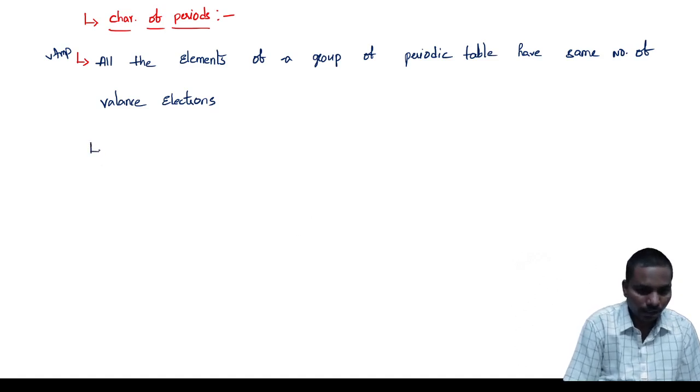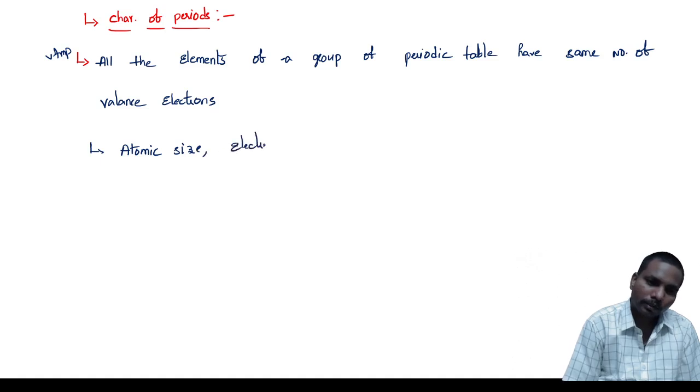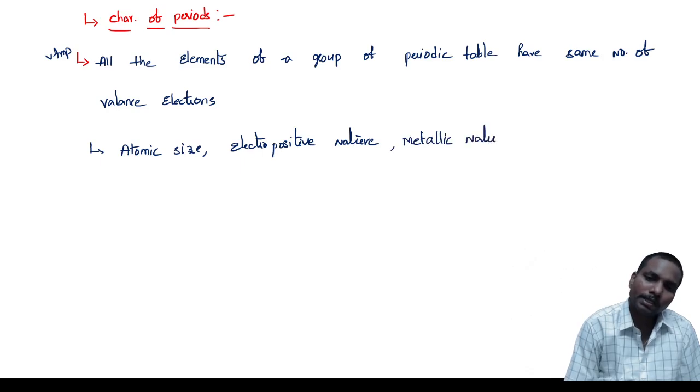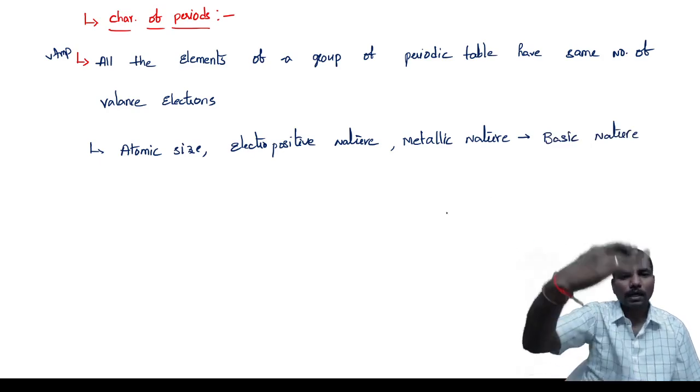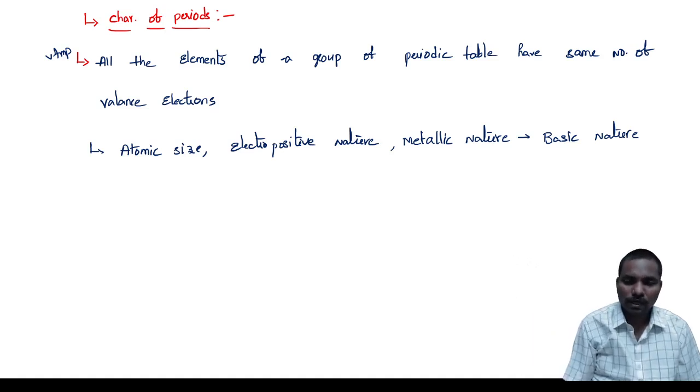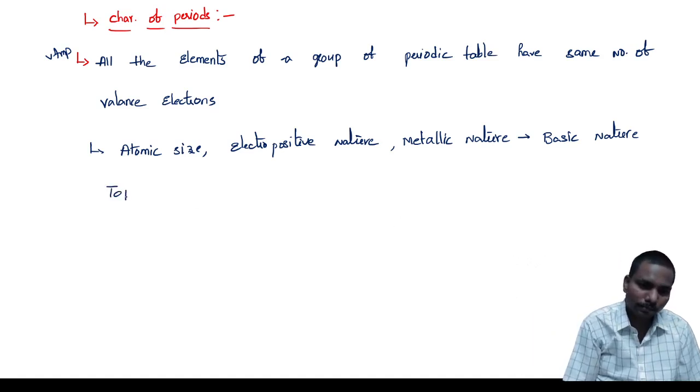Coming to atomic size, electropositive nature, same as previous. Electropositive, that is metals, metallic nature. Metals are bases, so basic nature. What happens to all this in the group, meaning top to bottom? Does it increase or decrease from top to bottom?